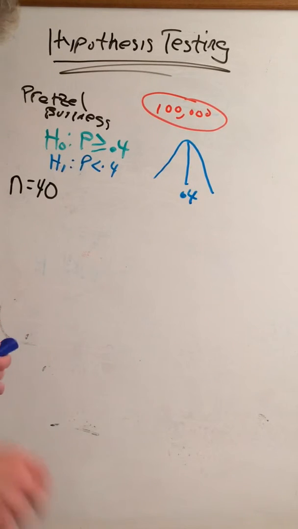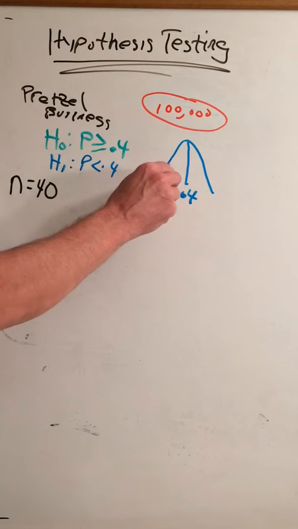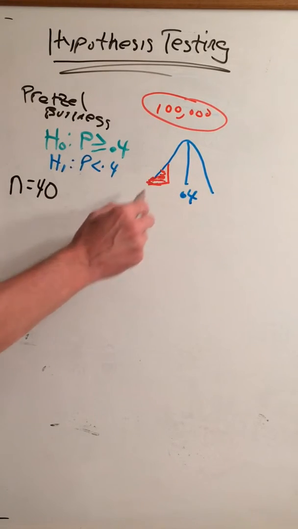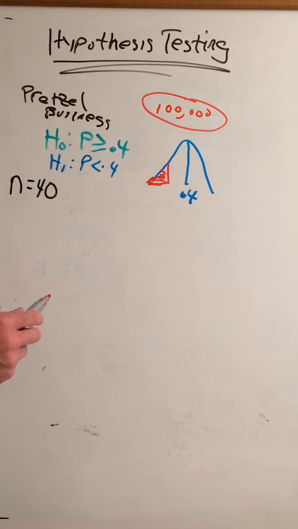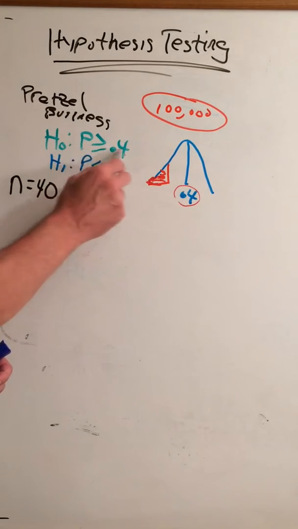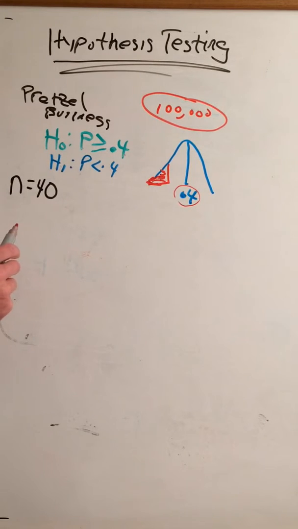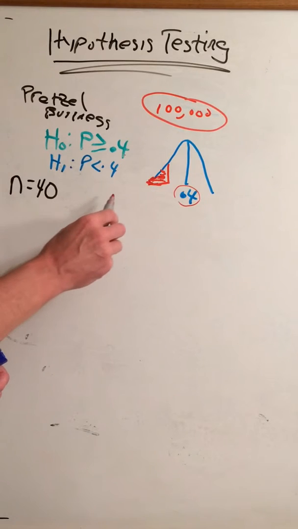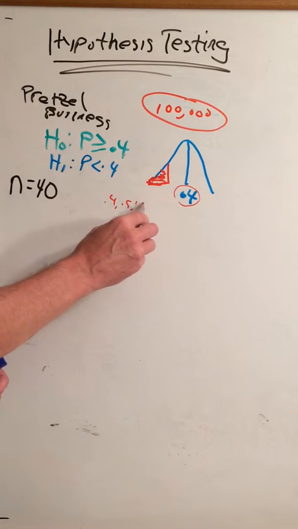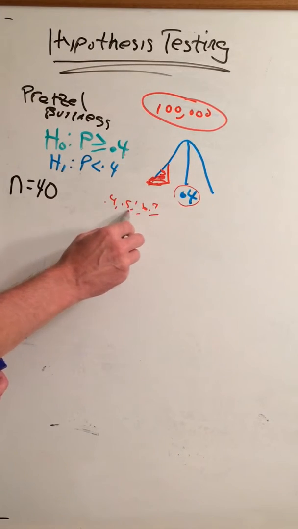But their main concern now is, when do we reject this null hypothesis? We reject at the extreme negative values, which is their concern. It's a one-sided test. Let's go back and ask, why did we choose 0.4 and not 0.5? Because we're saying greater than or equal to 0.4. It makes sense that we choose 0.4, because we've got 0.4, 0.5, 0.6, 0.7, all these numbers.